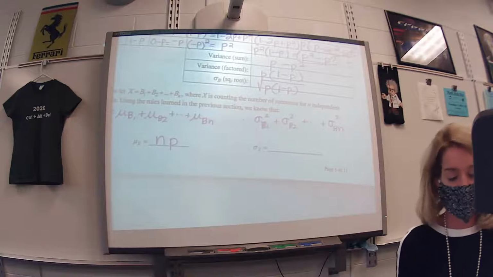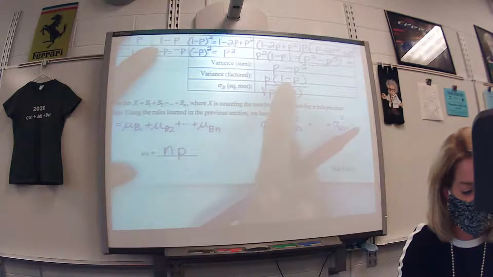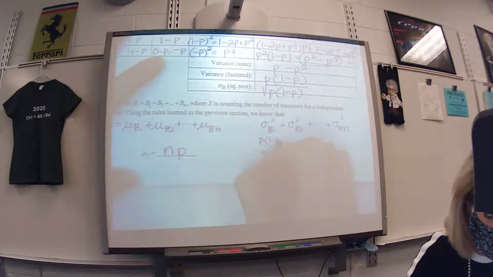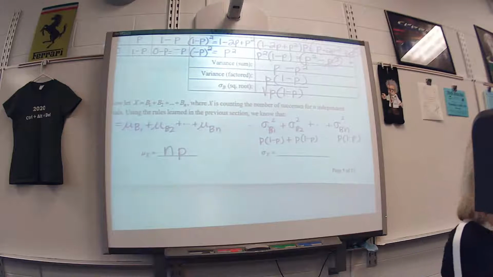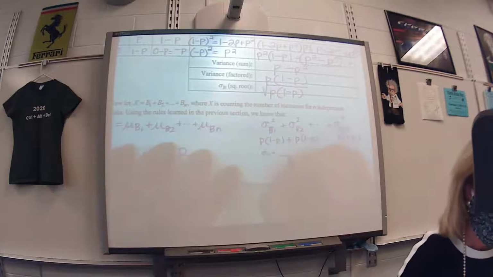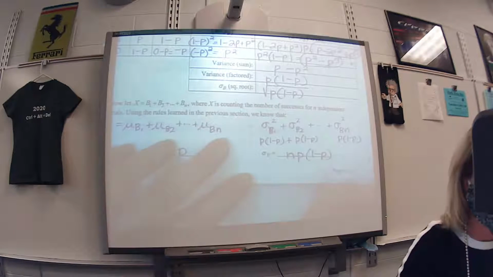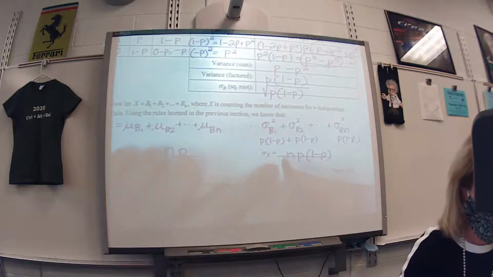I don't know how many there are, but I know every single one has a variance of p times 1 minus p. So there's going to be a p times 1 minus p, added to another p times 1 minus p, all the way up to another p times 1 minus p. How many p times 1 minus p's am I going to have? n. So we're going to do n times p times 1 minus p. But since we really want standard deviation, we would now have to take the square root.